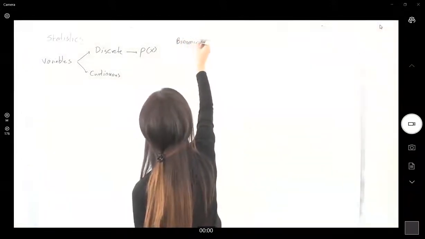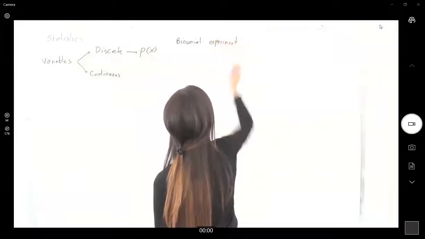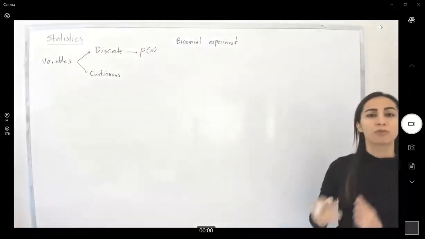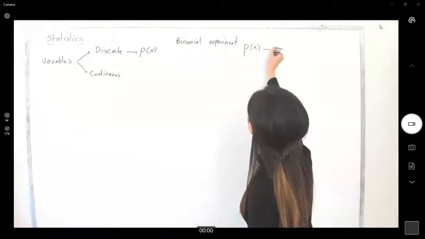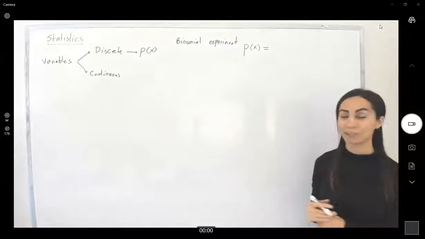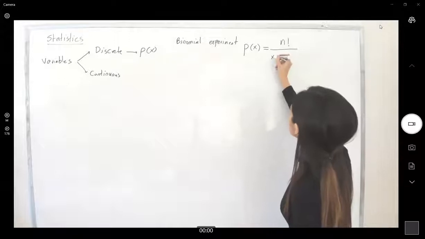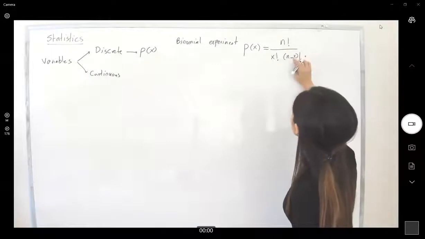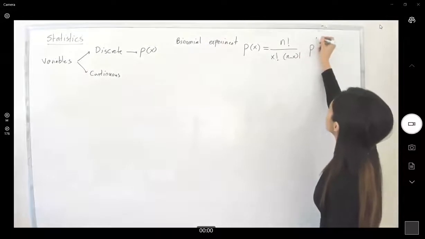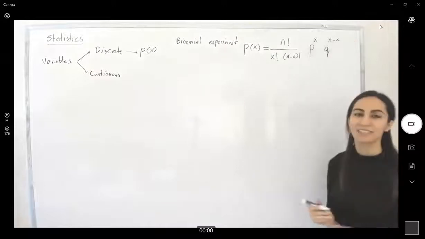For binomial experiments, we can define the probability of variable X, which equals n factorial divided by x factorial times n minus x factorial, times p to the x, q raised to n minus x.